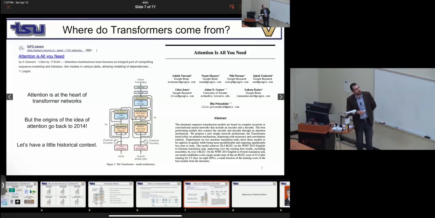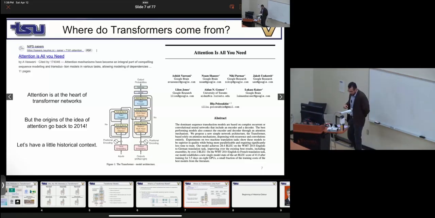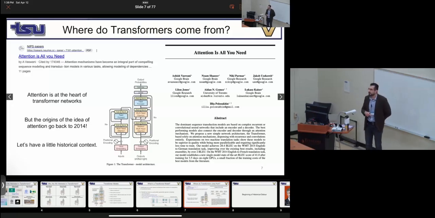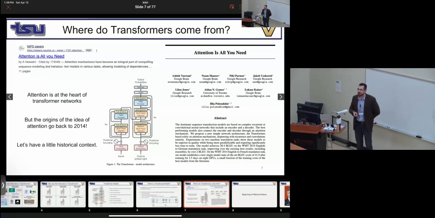So attention is at the heart of transformer networks. If we want to understand what a transformer network does, we need to understand what attention is. But for us to be able to answer what attention is, we need to go back a little bit in time and ask ourselves, what are the origins of attention?